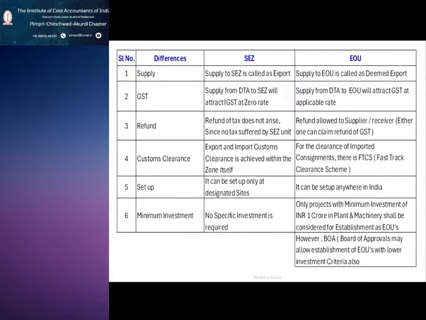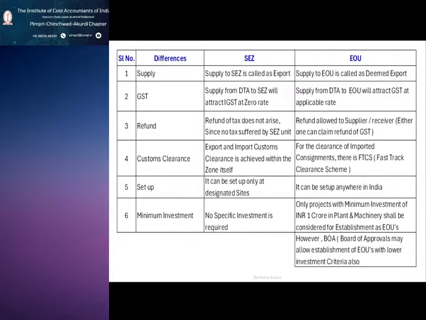Then refund, which is the refund of tax. There is no question of refund in case of SEZ, because there is no tax itself. The refund of tax does not arise since no tax is suffered by the SEZ unit.